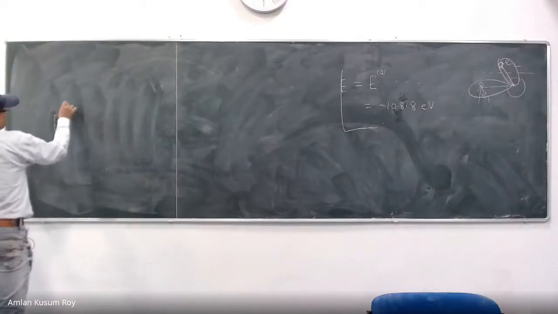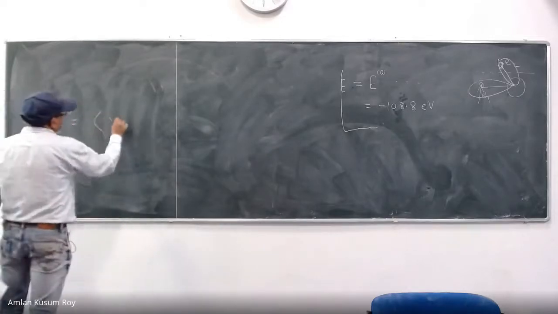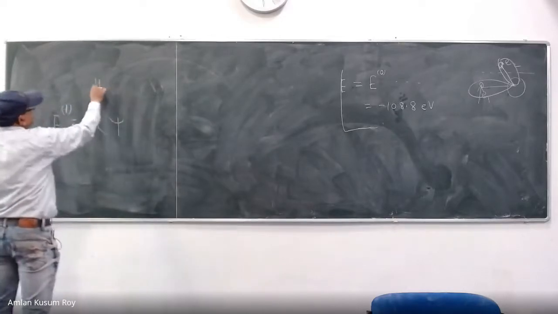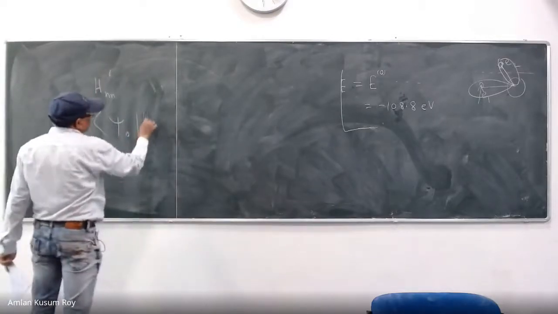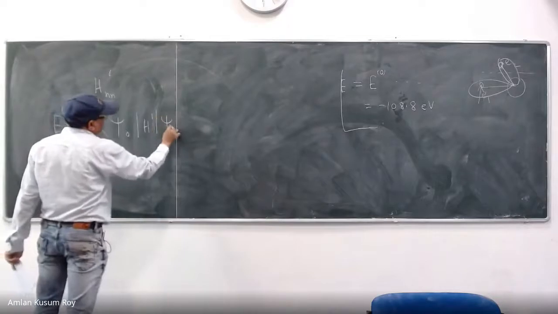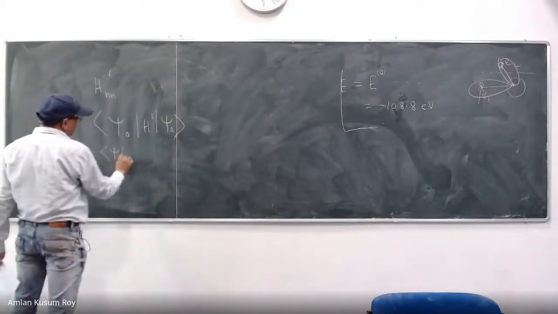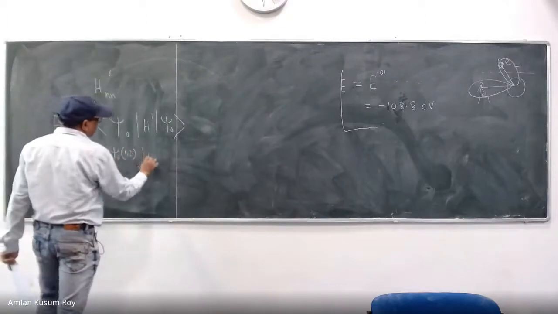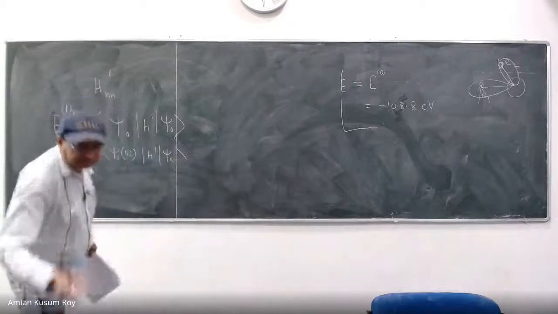E1, the first order correction, should be the integral of psi 0, H prime, psi 0, and psi 0 is nothing but psi 0 1 into psi 0 2 that I wrote.